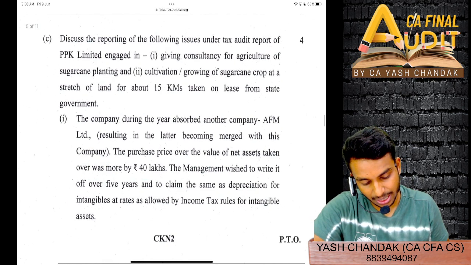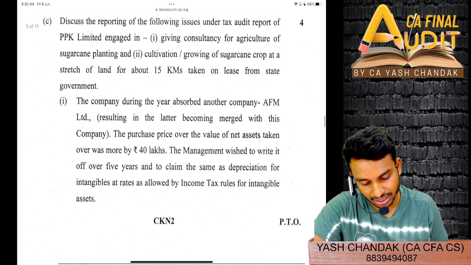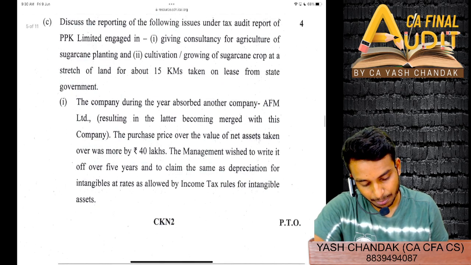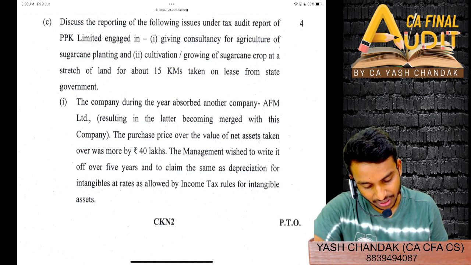The company during the year absorbed another company, AFM Limited, resulting in the latter becoming merged with this company. The purchase price was over the value of net assets taken over by 40 lakhs. The management wished to write it off over 5 years and to claim the same as depreciation for intangibles at rates as allowed by income tax rules for intangible assets.